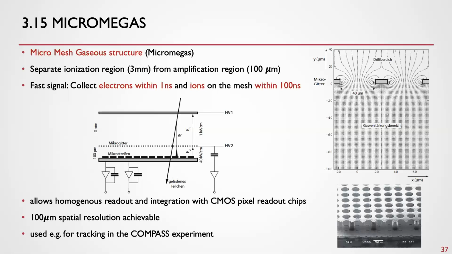The main advantage here and in all these detectors is that these can be homogeneously integrated with CMOS pixel readout chips. So one can develop sensors and have detector assemblies that are seamlessly integrated. Micromegas is, for example, used in the tracking in the COMPASS experiment.